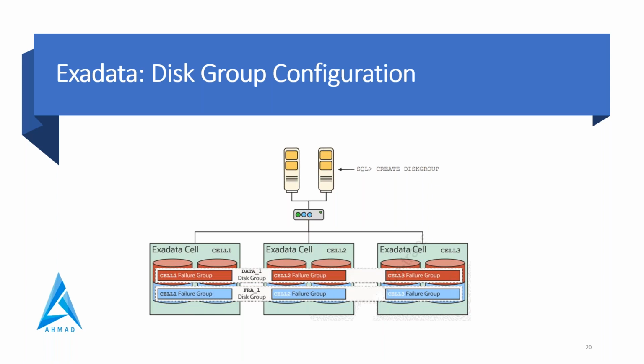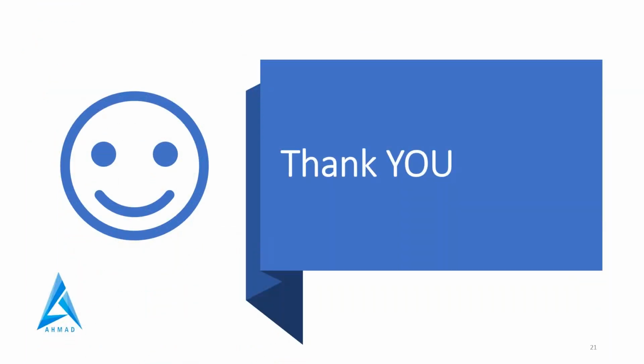Different disk groups can have the same failure group names, so remember that. For example, the DATA1 disk group has a failure group named cell1, and the FRA1 disk group also has a failure group named cell1. That is what I am talking about, so don't get confused.